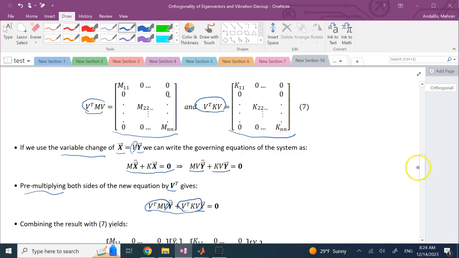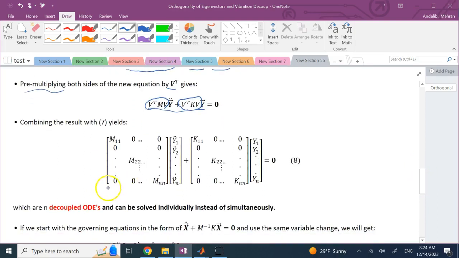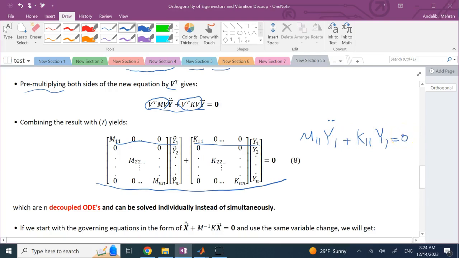So now, in terms of the new variable y, look what happens to your governing equations. The equations are now decoupled. Look at the first equation: it's going to be m11 y1 double dot plus k11 y1 equals 0.